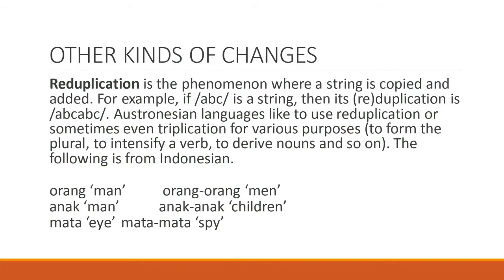The following is from Indonesian. Orang is man, orang-orang, men. Anak, child, anak-anak means children. Mata means eye, and mata-mata means spy.